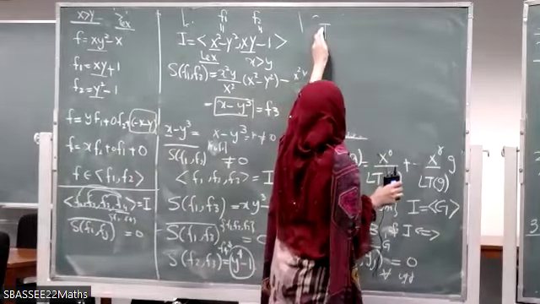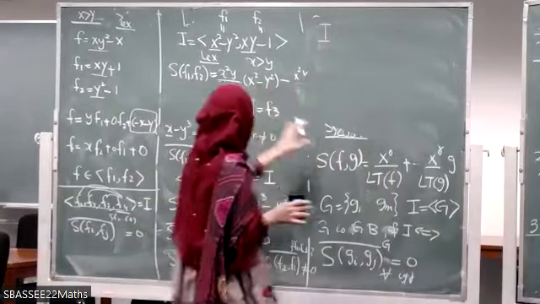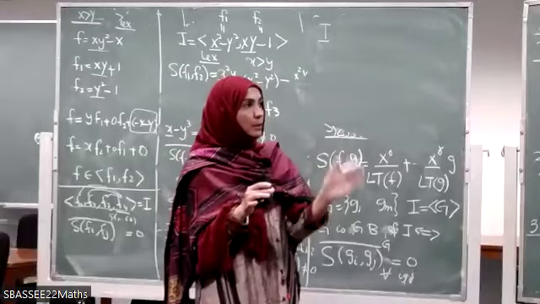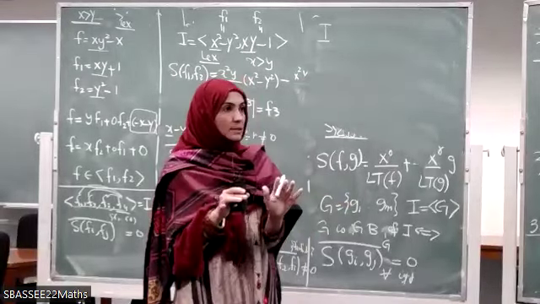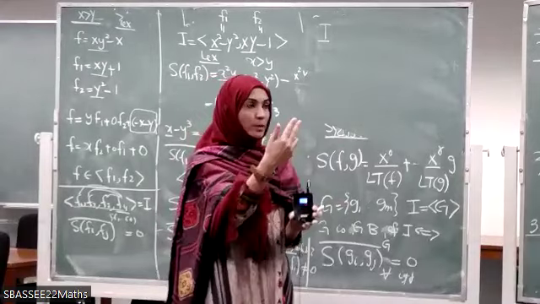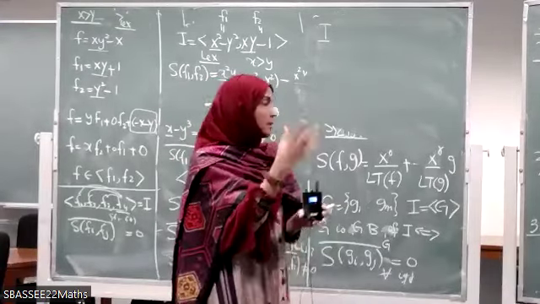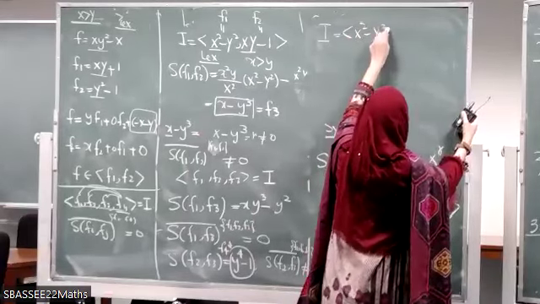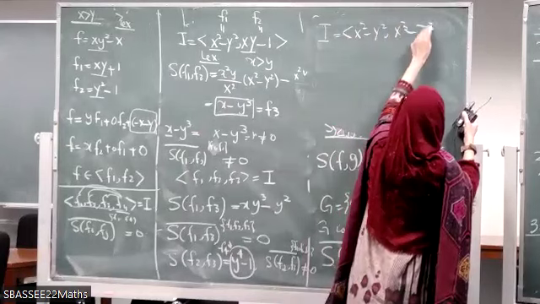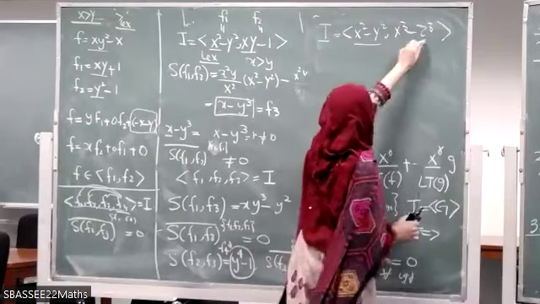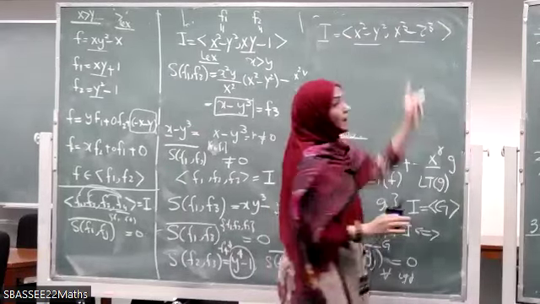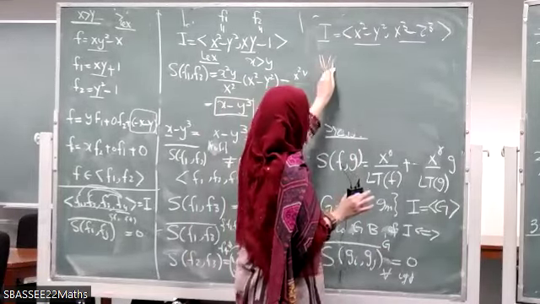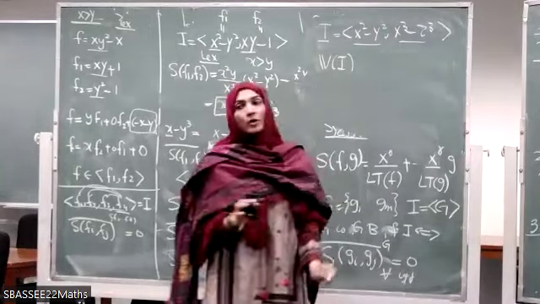I have already talked about the ideal which is generated by polynomials, like this one. These binomials. Now I can say that the variety is called a toric variety.